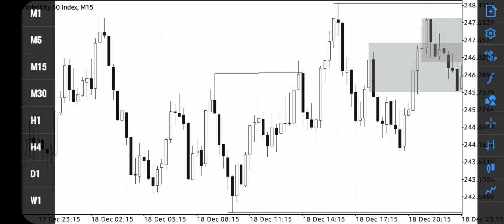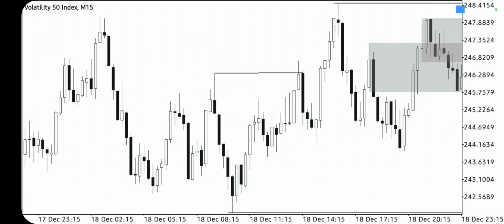So I am marking out my secondary point of interest from this swing point to this place. This is where I'm going to be looking out for my secondary point of interest. Anything outside here, I'm not looking out for my point of interest. So I'm looking out for my point of interest from this swing point to where we had a minor break of structure for a retracement.